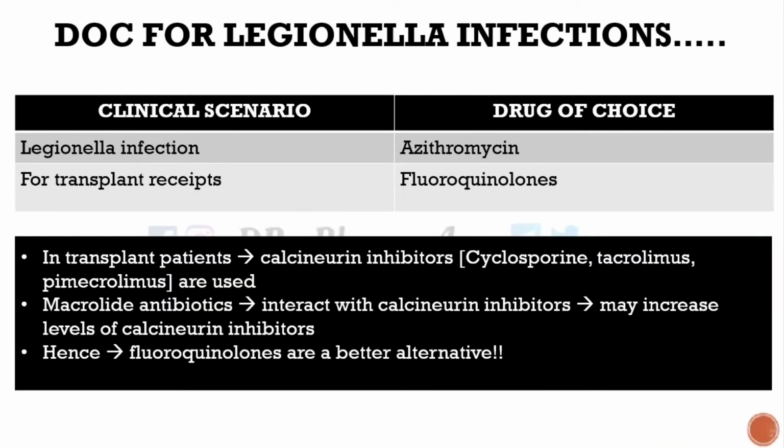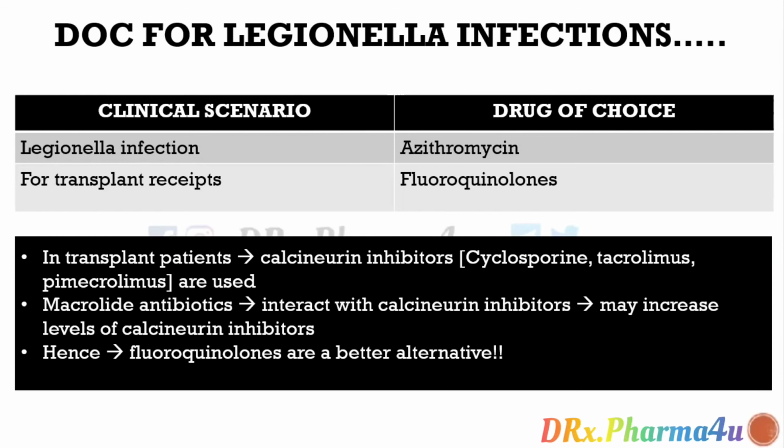The reason is that in transplant patients, usually we use immunosuppressants, and the immunosuppressants commonly used in organ transplantation are calcineurin inhibitors. Examples of calcineurin inhibitors are cyclosporin, tacrolimus, pimecrolimus, etc. The problem with azithromycin or any macrolide antibiotic is that they interact with calcineurin inhibitors and can increase their level.